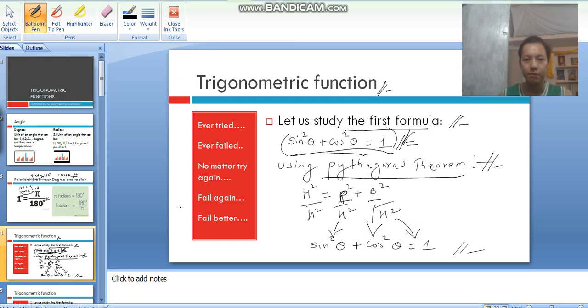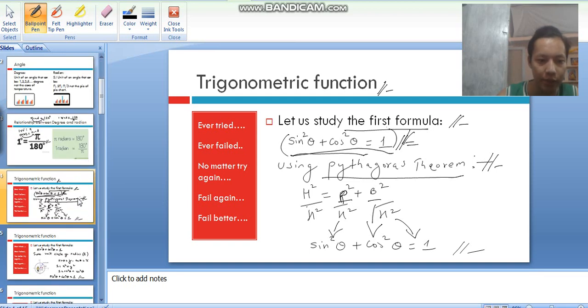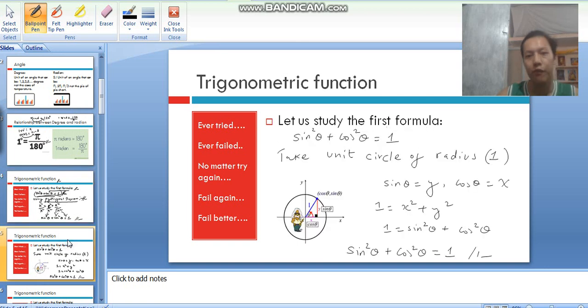So the trigonometric formula here came from this Pythagoras theorem, and it can also be derived from unit circles. Ever tried, ever failed, no matter, try again, fail again, fail better, right?